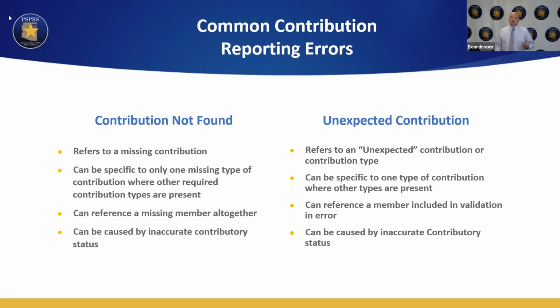We may be expecting a specific type of contribution and that type of contribution is not there. So it can be specific to a missing type, missing member. It can also be generated by an incomplete or inaccurate contributory status effective date.